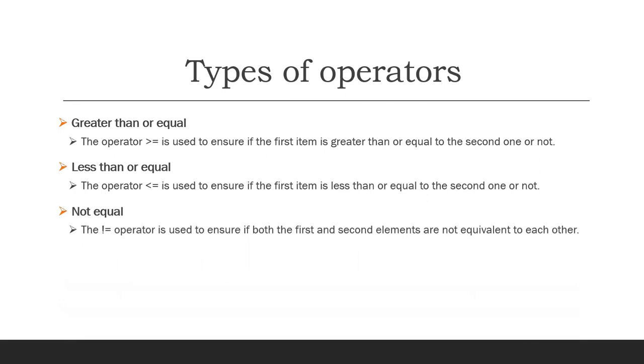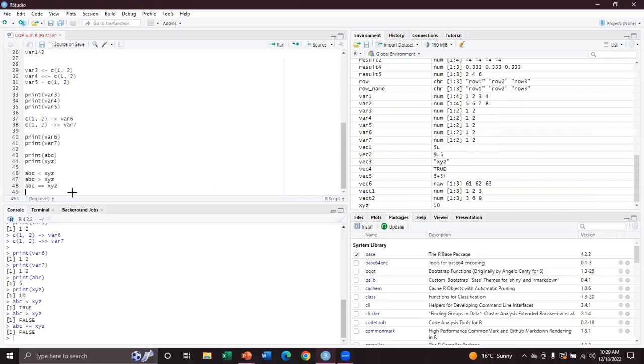This operator is used to ensure if both the first and the second elements are not equivalent to each other. Let's implement. All right. Let's say I have another variable, lmn, and this variable contains the value of 5.